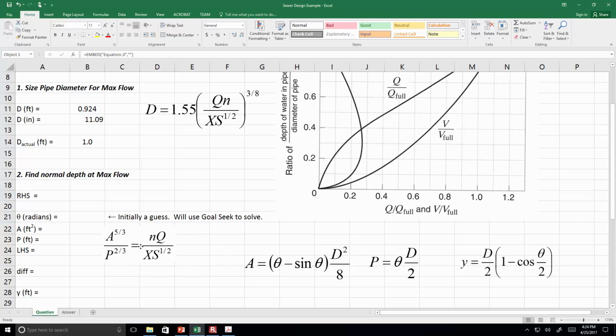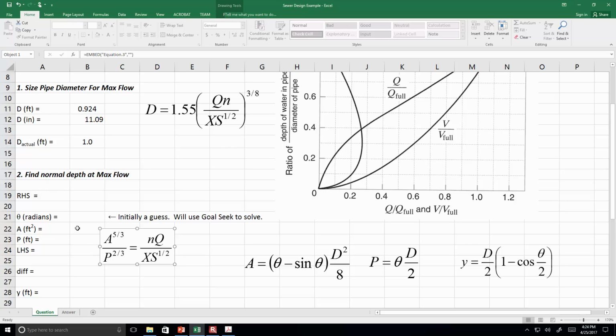So this is rearranging Manning's equation. We're going to have the right-hand side, which is N times Q divided by X times S to the 1/2, and then the left-hand side is going to be the area to the 5/3, the wetted perimeter to the 2/3.